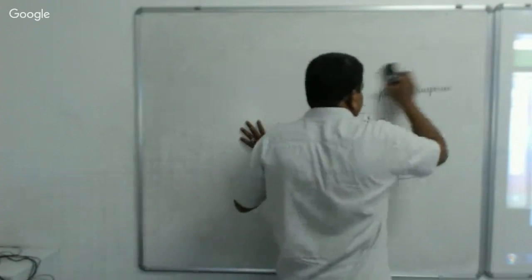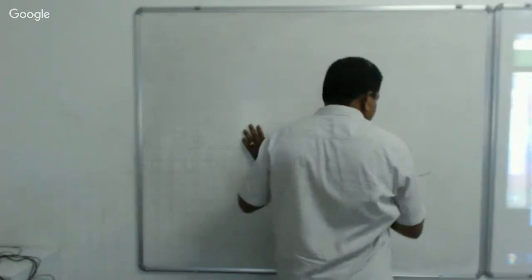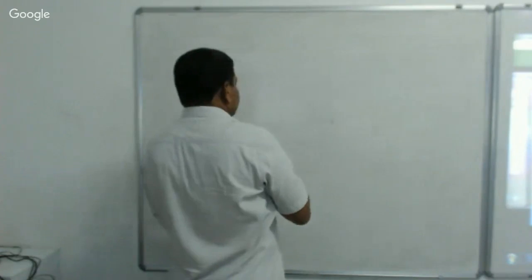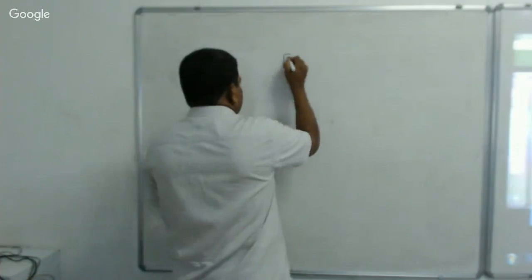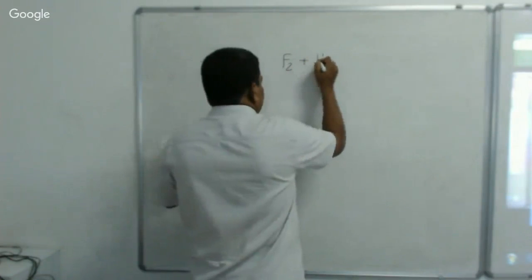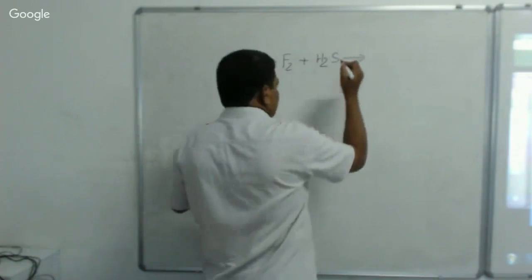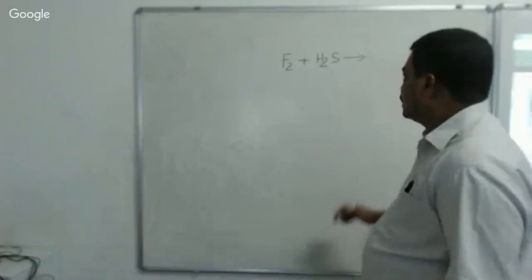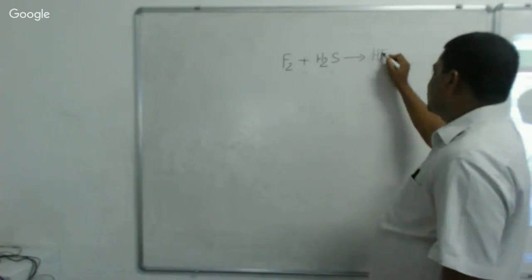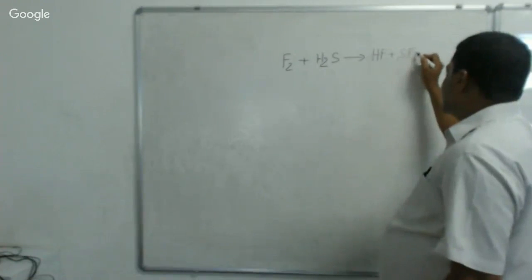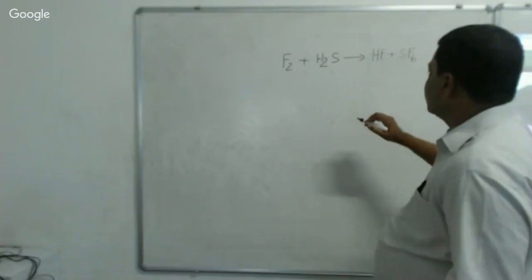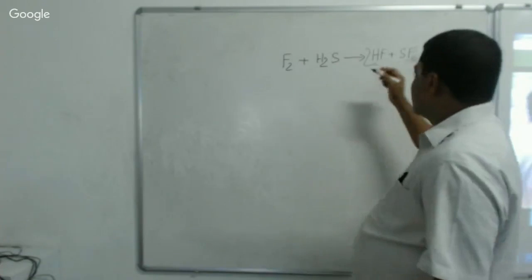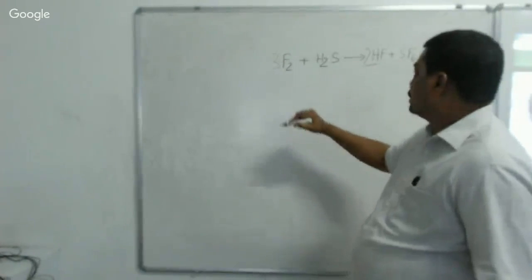Now the second extra property of fluorine is its reaction. Look at this. Fluorine when reacting with H2S forms HF plus SF6. So 2HF, but SF6 means 3F2.